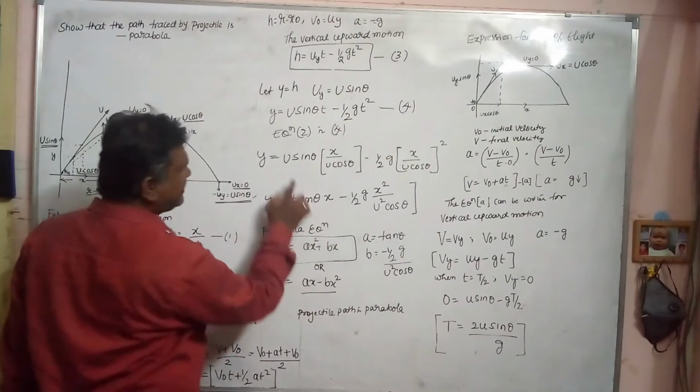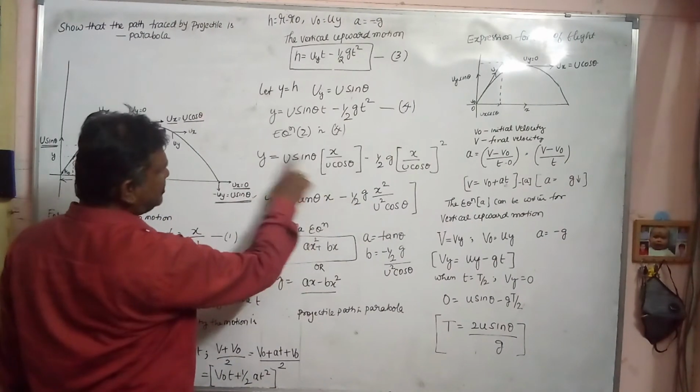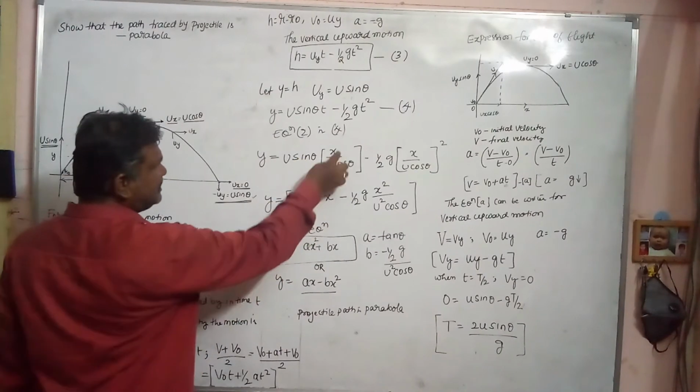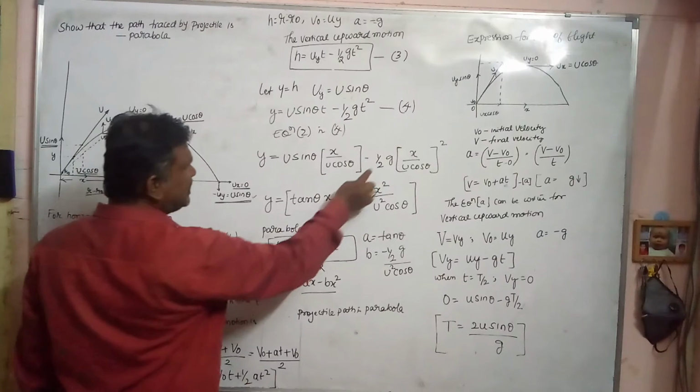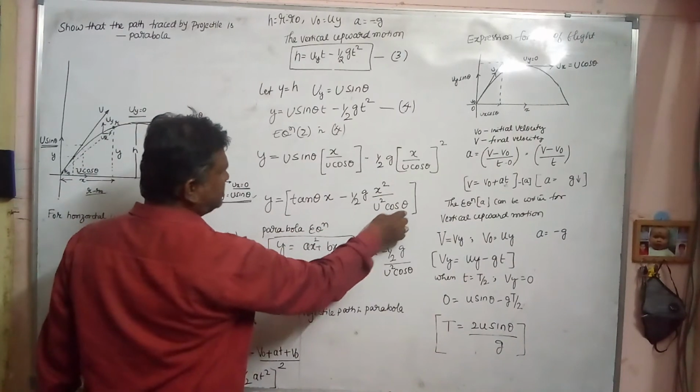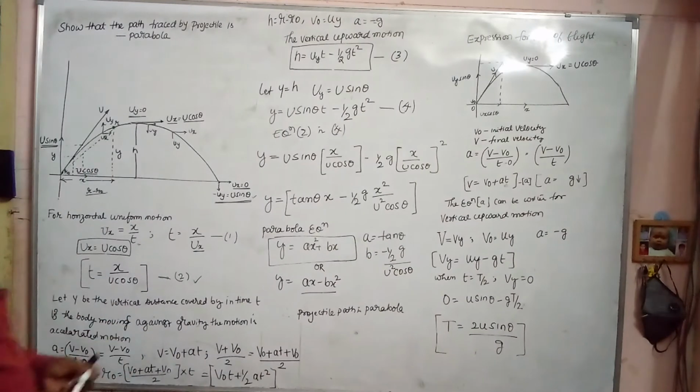If you simplify this, sin theta by cos theta, u gets cancelled. Sin theta by cos theta is nothing but tan theta, x minus half g x square by u square cos square theta.